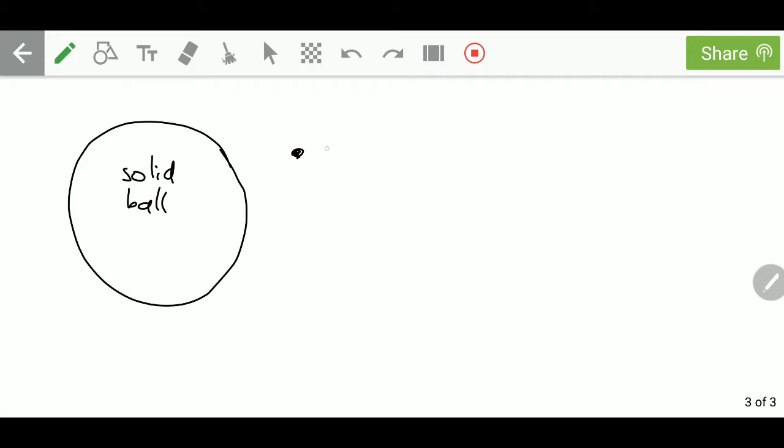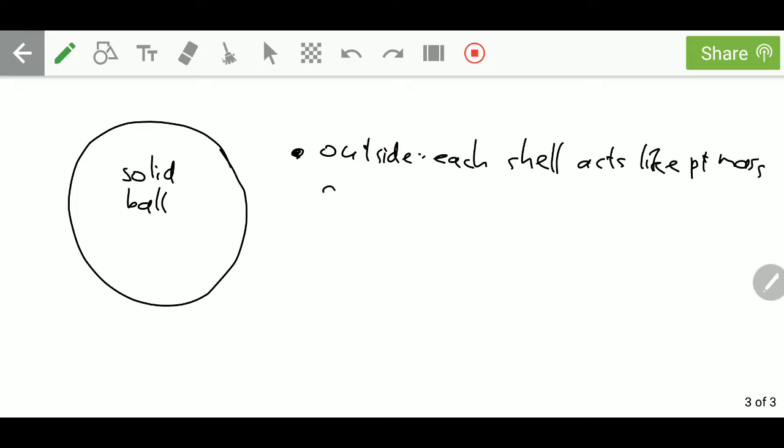And so if we're outside, each shell acts like a point mass at the center. And since you're basically just adding up all of those shells, or in the continuum limit, integrating to form the force exerted by the entire solid ball, we end up just having that the entire ball acts like a point mass for the purposes of gravity.